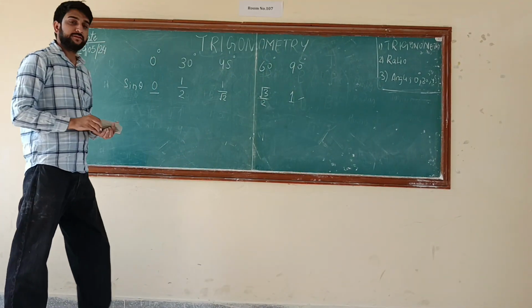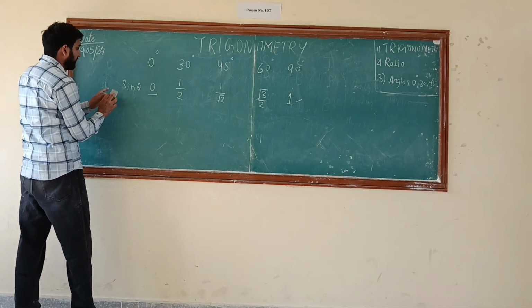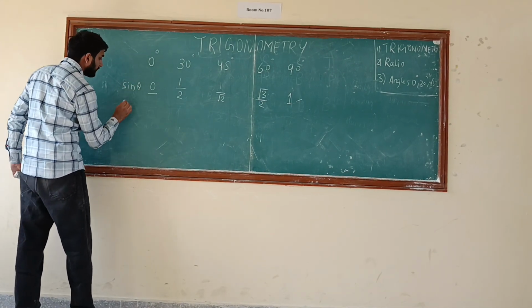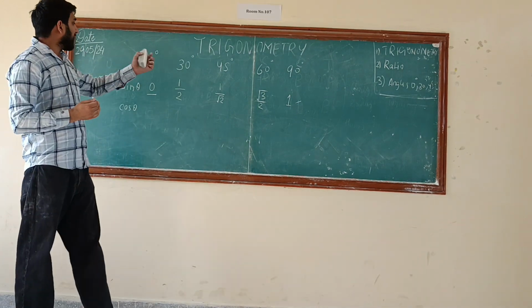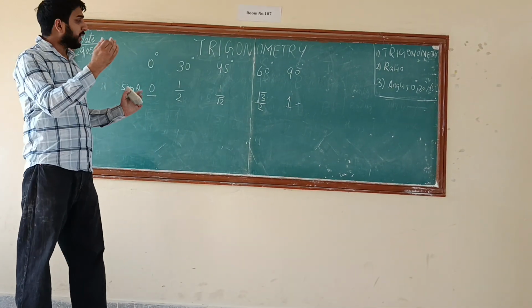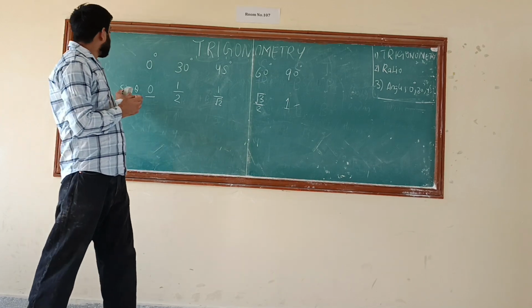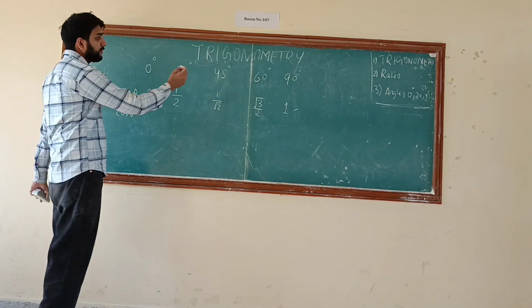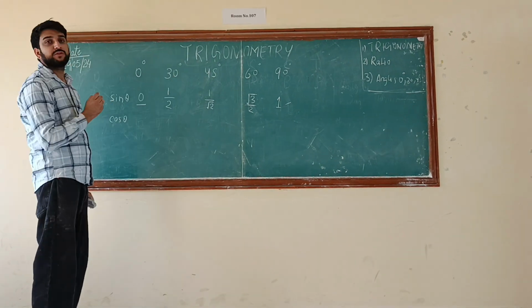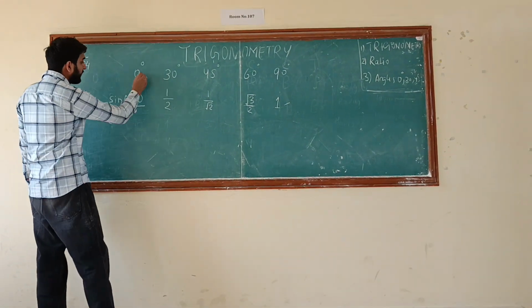Now the second one is cos theta. The values of sin theta and cos theta are opposite to each other. Like if sin 90 degree is 1, then cos 0 degree is 1. So cos 0 is equal to sin 90 degree. So cos 0 degree is equal to 1.